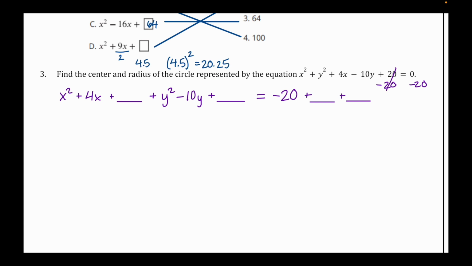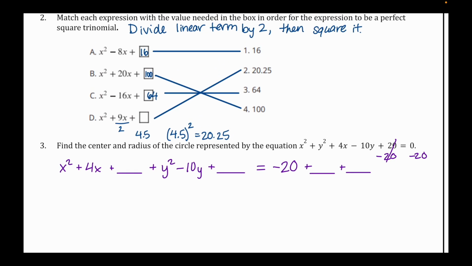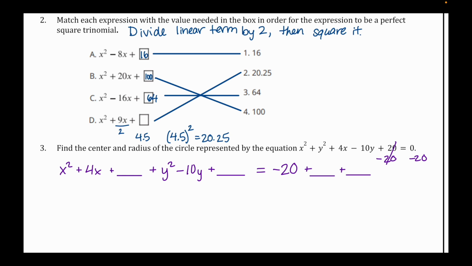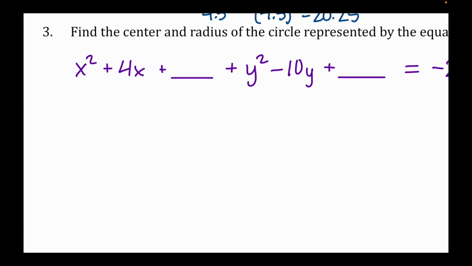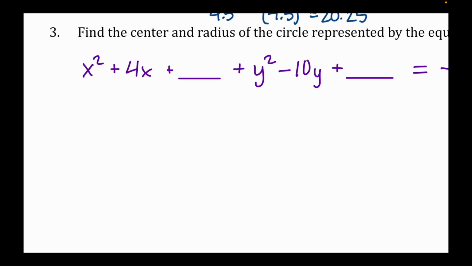So the process we did in the one above, where we divided the linear term by 2 and then squared it, that's how we find these perfect square numbers. And so what I like to do is have my students set up parentheses down below, because the number you're dividing here by 2 is what's actually going to go inside this piece squared.